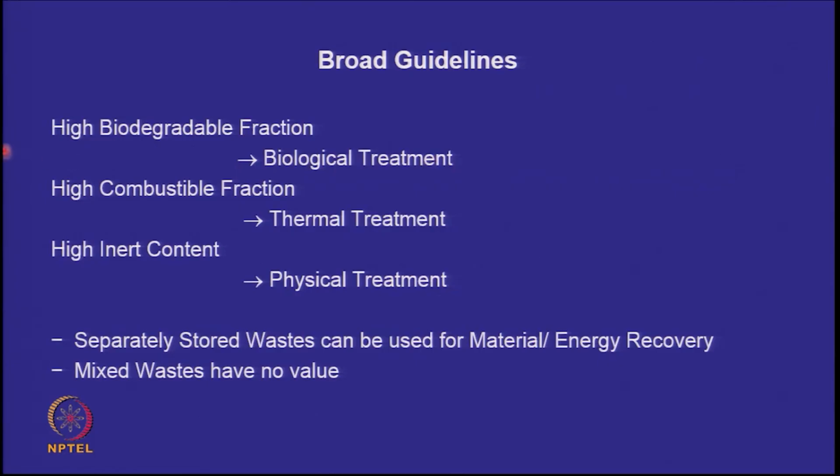And the important thing is, if the waste has been stored separately into the separate fractions, and if we have the streams to collect that, we can use it for the purpose. However, if all these components become mixed with each other, then it has no value.